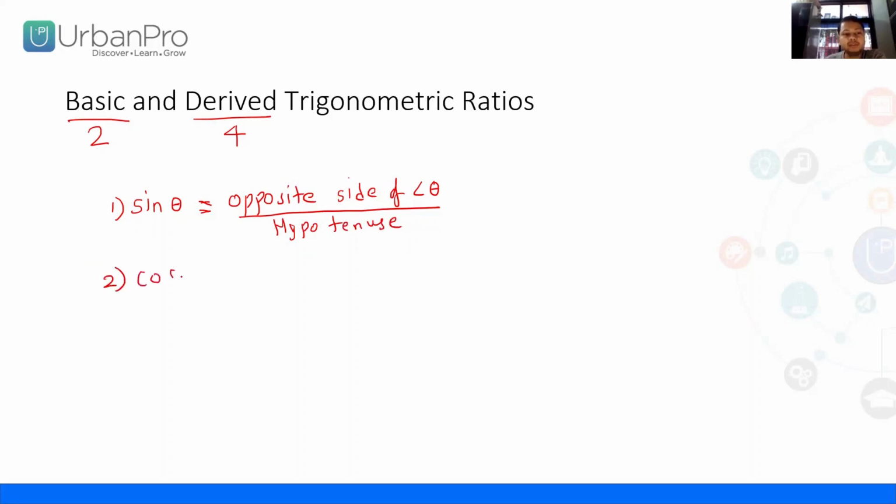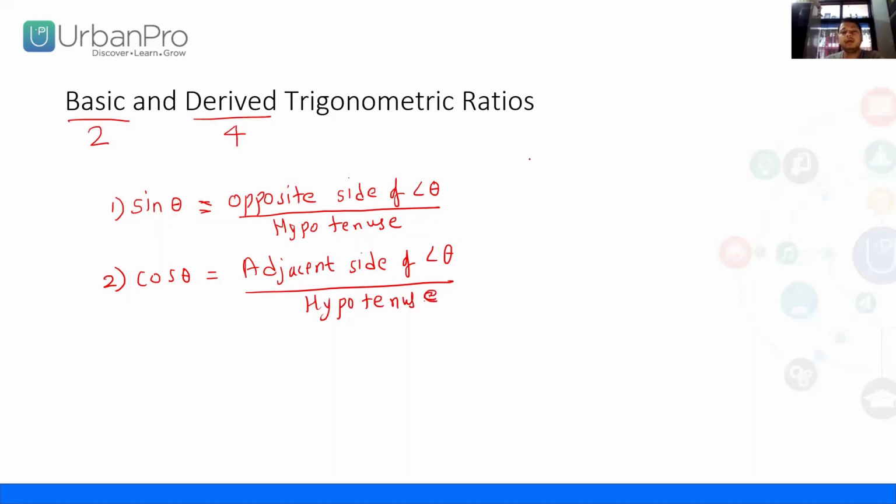And the second one is cos theta. What is cos theta? The adjacent side of angle theta upon hypotenuse. Now here in our portion we will take only right angle triangles. So I will draw one right angle triangle here, ABC.